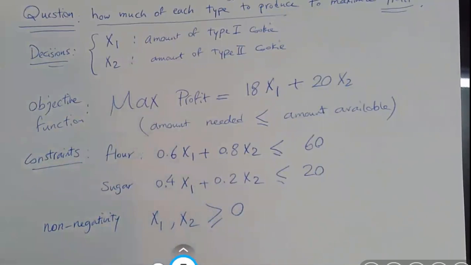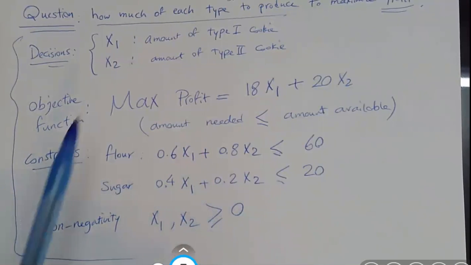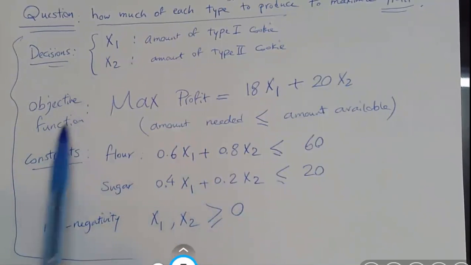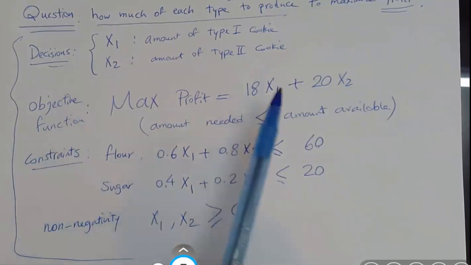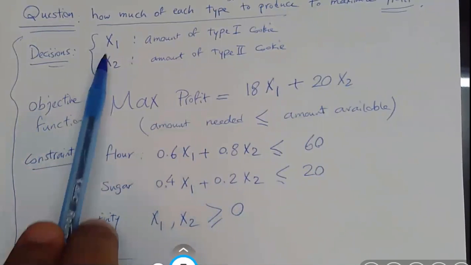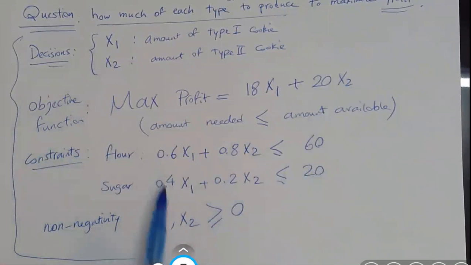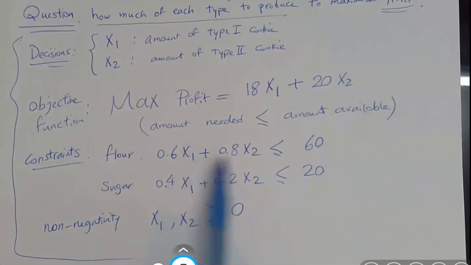So what we just did is the formulation of the problem, defining the decisions, defining the objective function as a function of decision variables, and then defining the constraints in terms of the decision variables again, and then the non-negativity constraint.